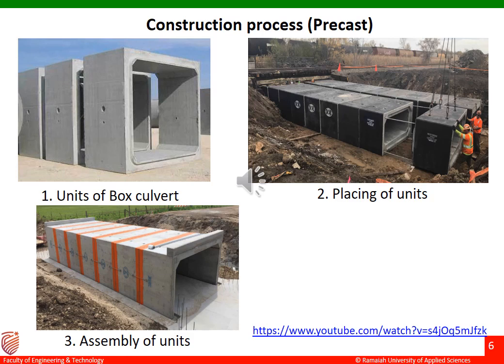In figure number 2, you have to bring the precast units from the precast yard to the construction place and place them at the proper position. After placing each unit in a proper position, the next question is what you need to do for the joints between those units.